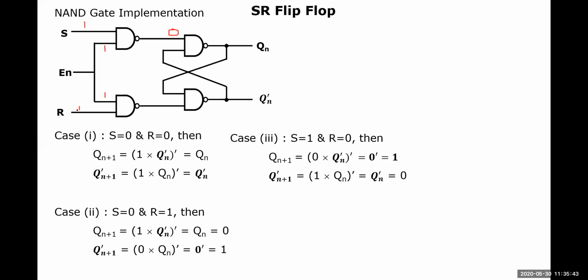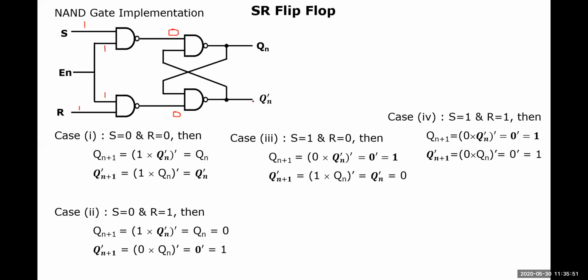Here also R value is 1 and enable value is equal to 1, so obviously the output of this one is 0. So we are talking about the fourth case, case number 4, where both are equal to 1. Then 0, 0 will be taken by the lower level NAND gates here.